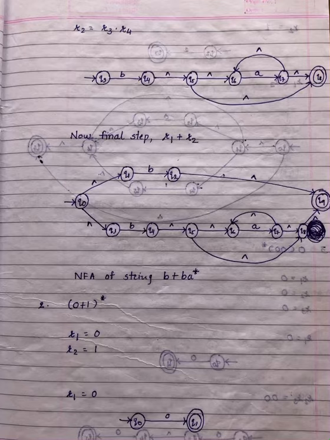Now the next is 0 plus 1 whole star. This is another example of Kleene's theorem. Here 0 is considered as R1, and for R2, 1. R1 equal to 0, so the transition is shown over here, from Q0 to Q1 on 0.